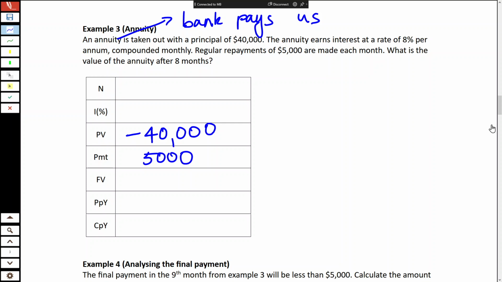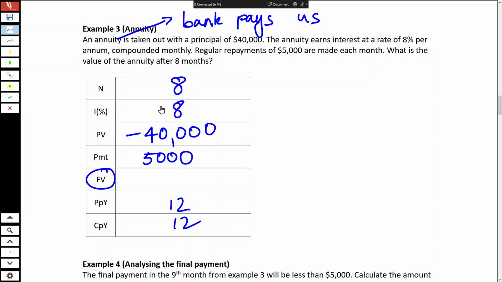Okay, again, I'm asking for the value after 8 months. So I'm solving for the future value FV, monthly. 8 months, 8%. Maybe I should have chosen a different number. That's all right.